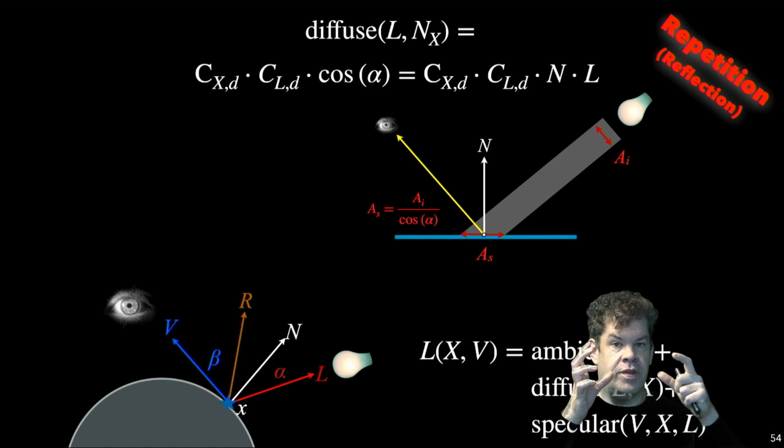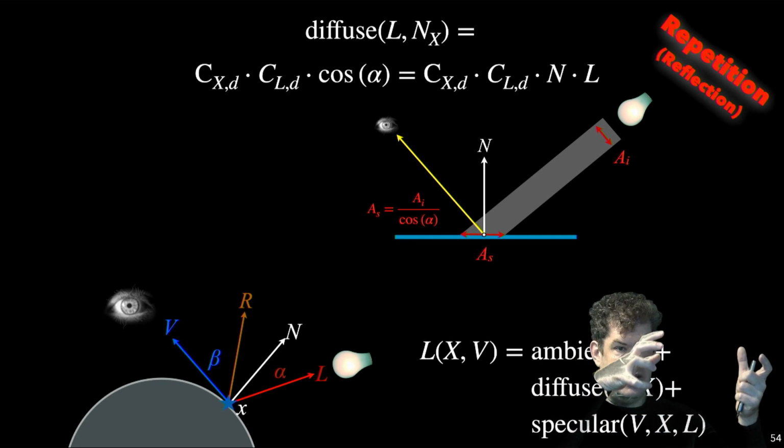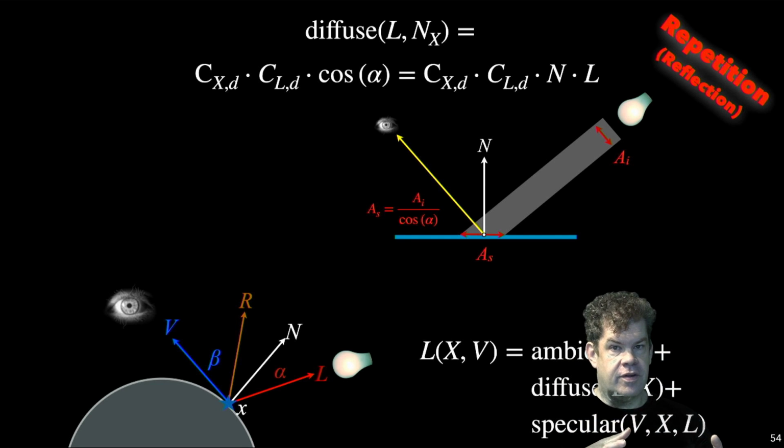So with increasing angle, the energy that arrives at a specific point is decreased, regardless of the fact that the same energy was sent out by the light source.